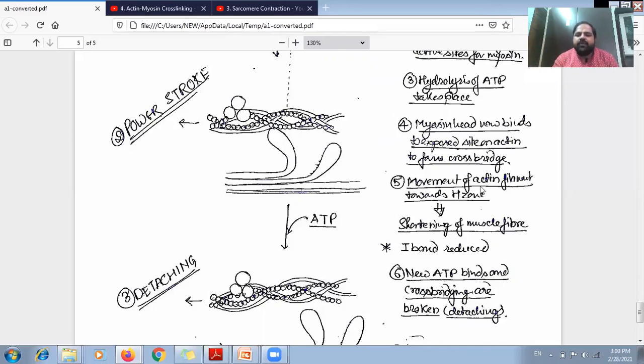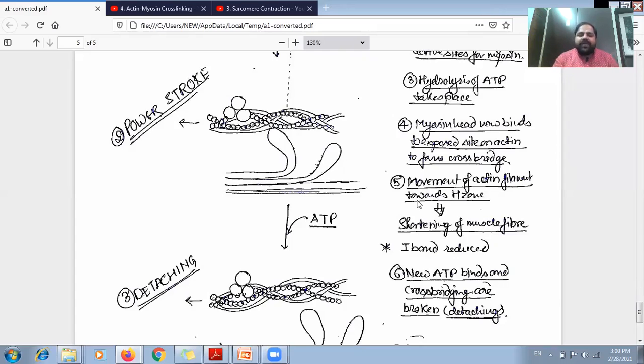So the movement of actin filament towards the H zone takes place. Then shortening of the muscle fiber takes place. And when the shortening of the muscle fiber takes place, the I band, which is representing just the actin, will be reduced.